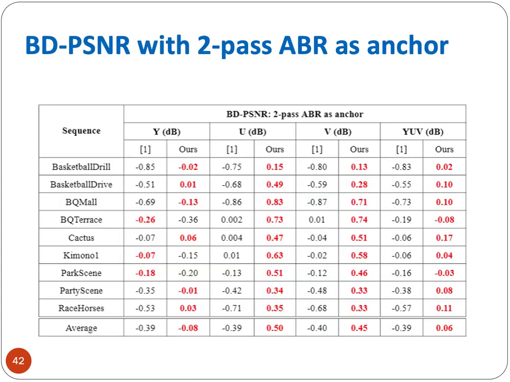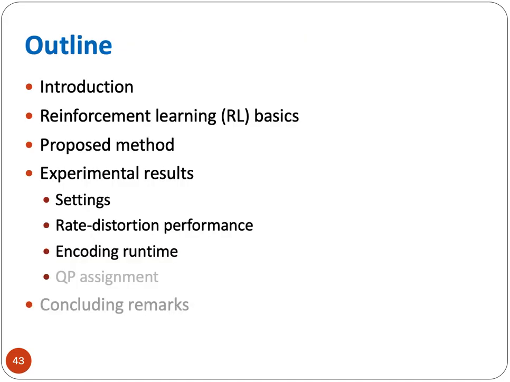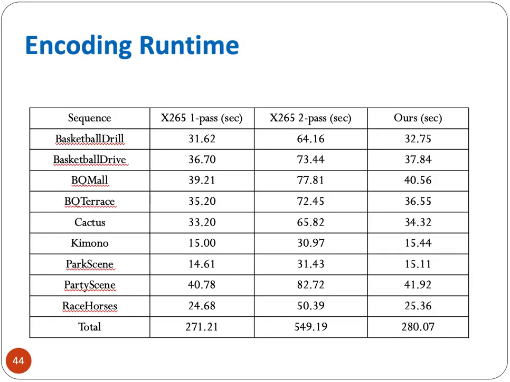From the BDPSNR, our model only has a 0.06 dB gain compared with 2-pass H.265. Next, I'll move to the encoding runtime. The runtime of our model is comparable with H.265 1-pass and half of the runtime compared with H.265 2-pass.